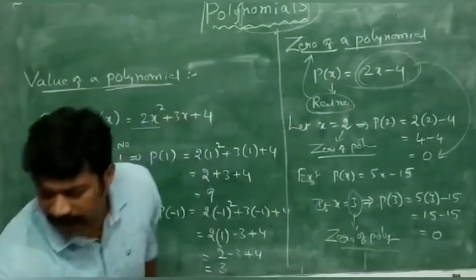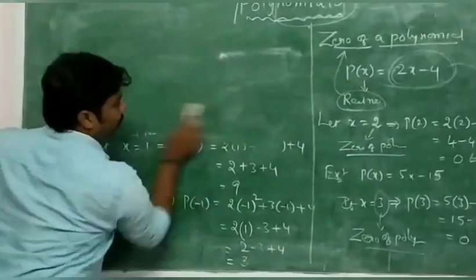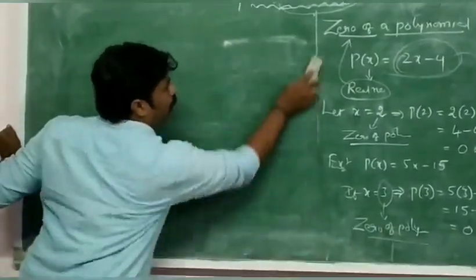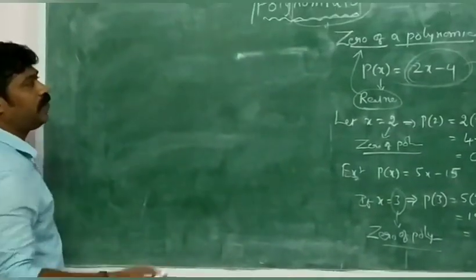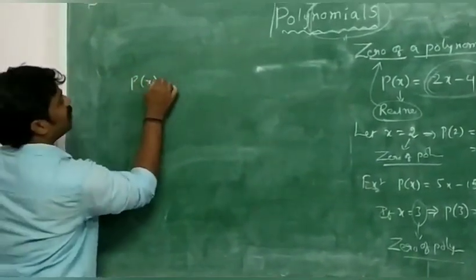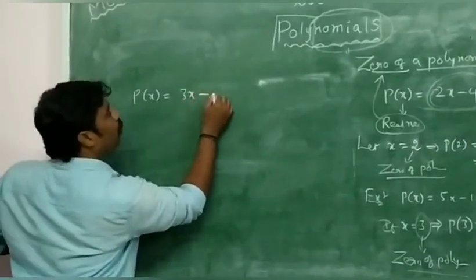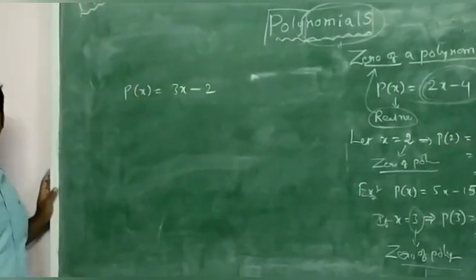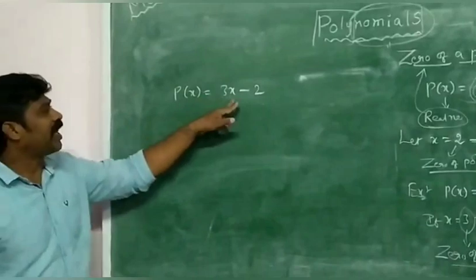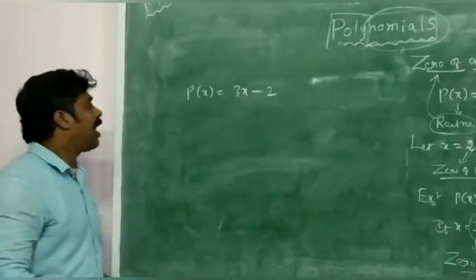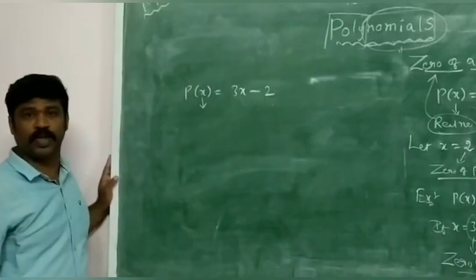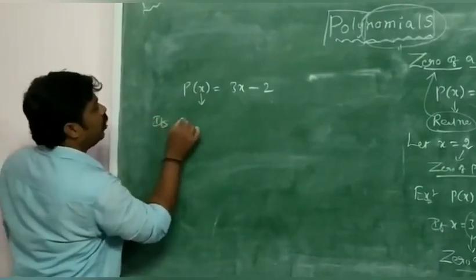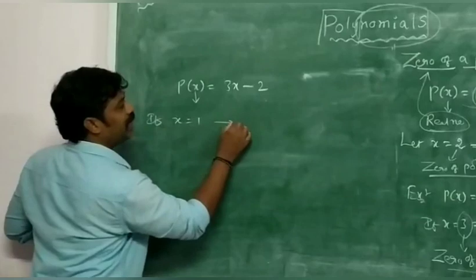So for example, how do we know the zero of the polynomial? Say p of x is equal to 3x minus 2. Directly we cannot take the values, so we have to substitute some real numbers for x. For example, if I substitute x is equal to 1, then we'll get some value.